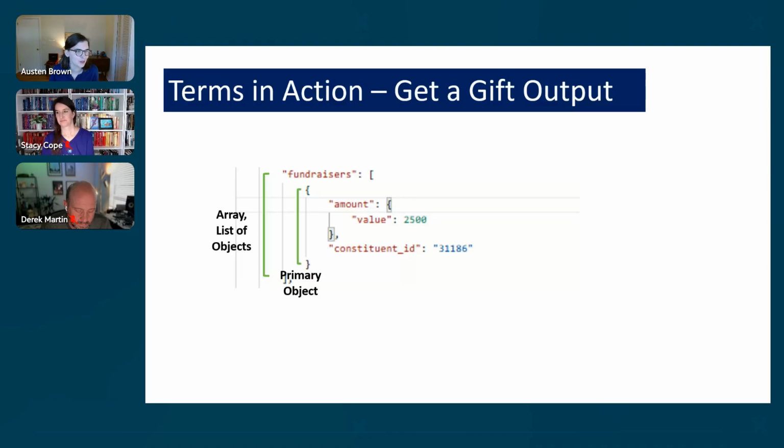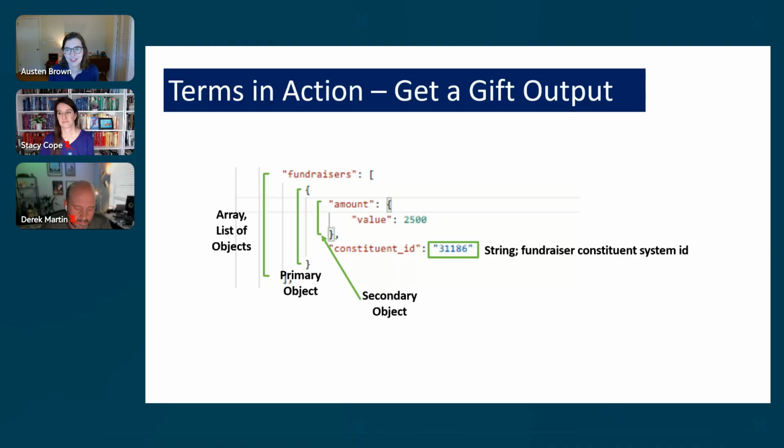We can see here that the primary object is outlined by the curly brackets, and this contains the constituent ID. So this is the string unique system ID of the fundraiser for their constituent record. And then we have a secondary object which contains the float value, which is the fundraiser's credited amount.